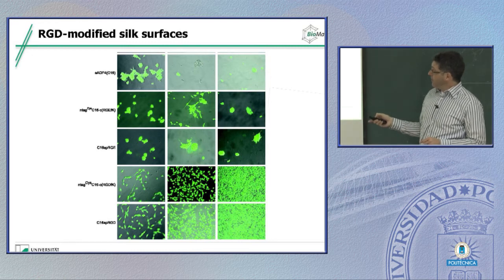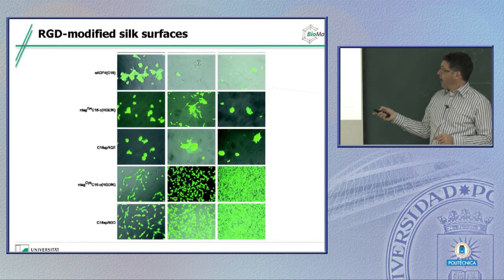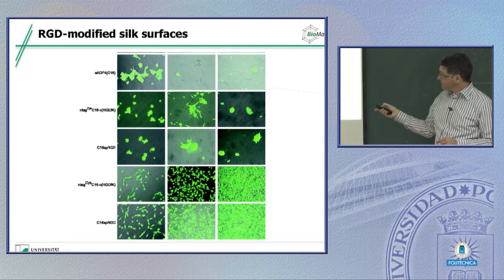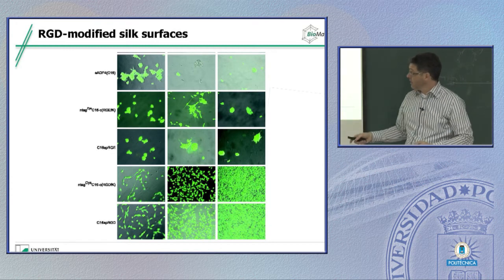If we now modify the surface chemically, with this cyclic RGD by using the cysteine mutant, we see a much better adhesion, and we see no aggregation. You can already see the cells start to spread, and after about 7 days, we have a confluent cell culture. Confluent means it's covering almost everything.